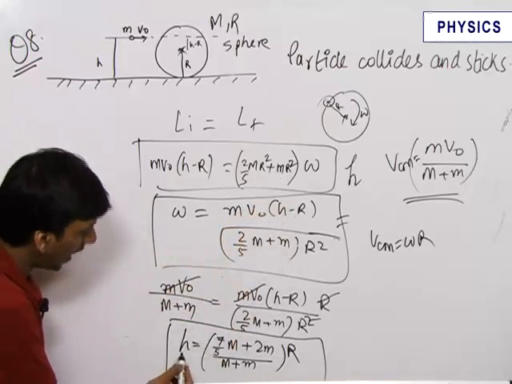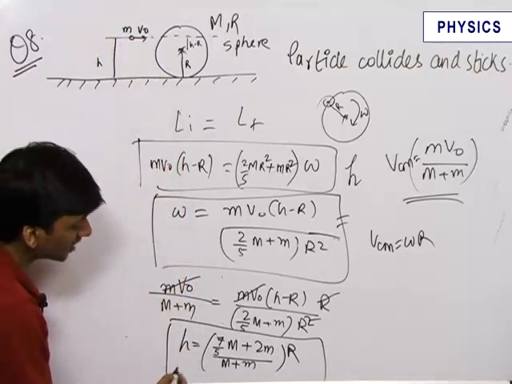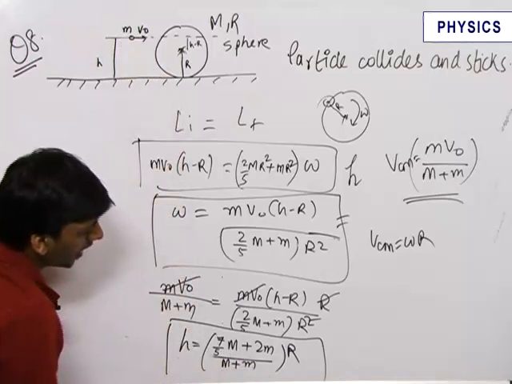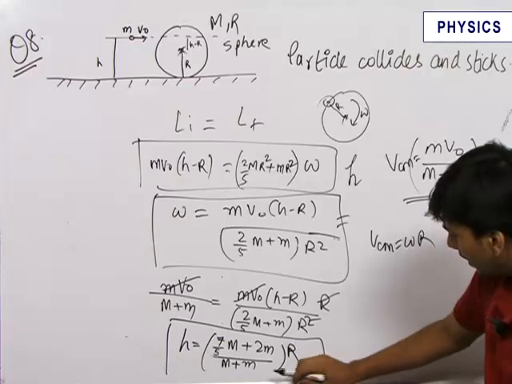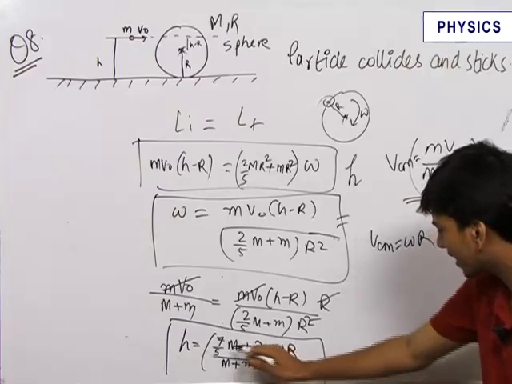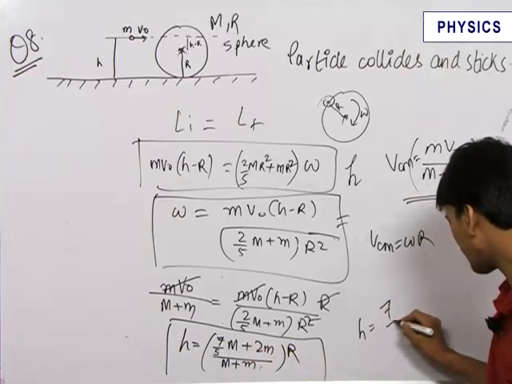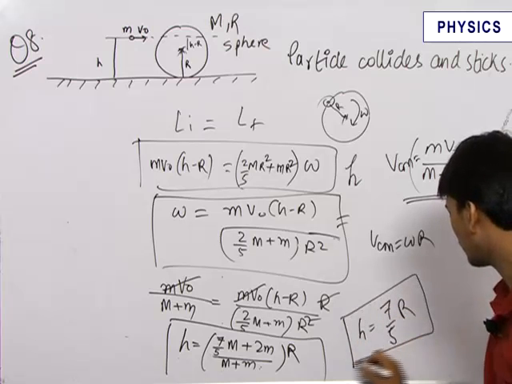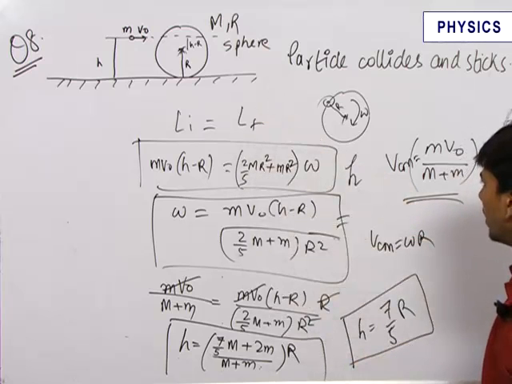So the height h is equal to (7 by 5 M plus 2m) upon (M plus m) into r. Now this m, being very small compared to capital M, can be neglected to give the result h equal to 7 by 5 times r. So the final answer for the height h comes out to be 7 by 5 r.